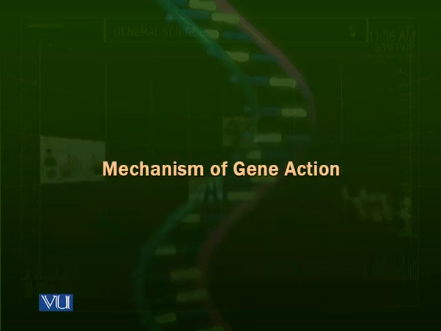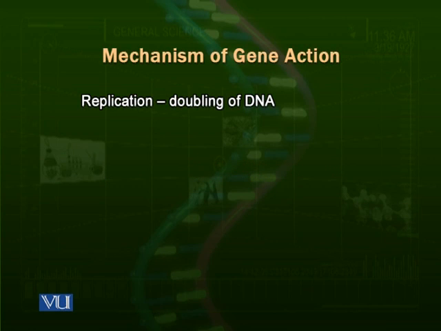Now we come to the mechanism of gene action, how the genes act, how they perform their functions. What are the functions of the genes basically? Replicate itself, we call it replication, making its own copies. It occurs during the synthesis phase of the cell cycle, before cell division, because we know that after mitosis, the parent cell will be divided into two daughter cells, and the daughter cells should have an equal quantity of DNA as was present in their parent.